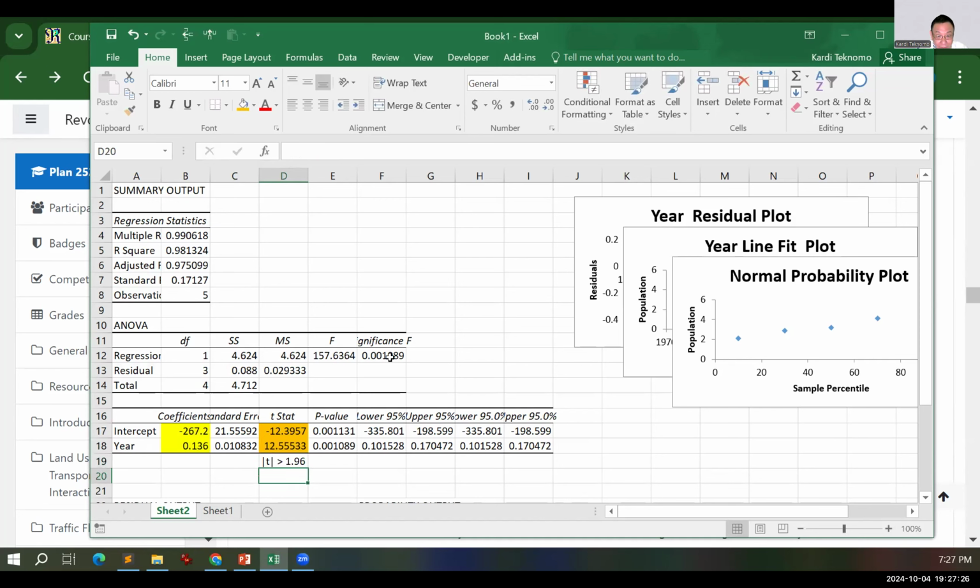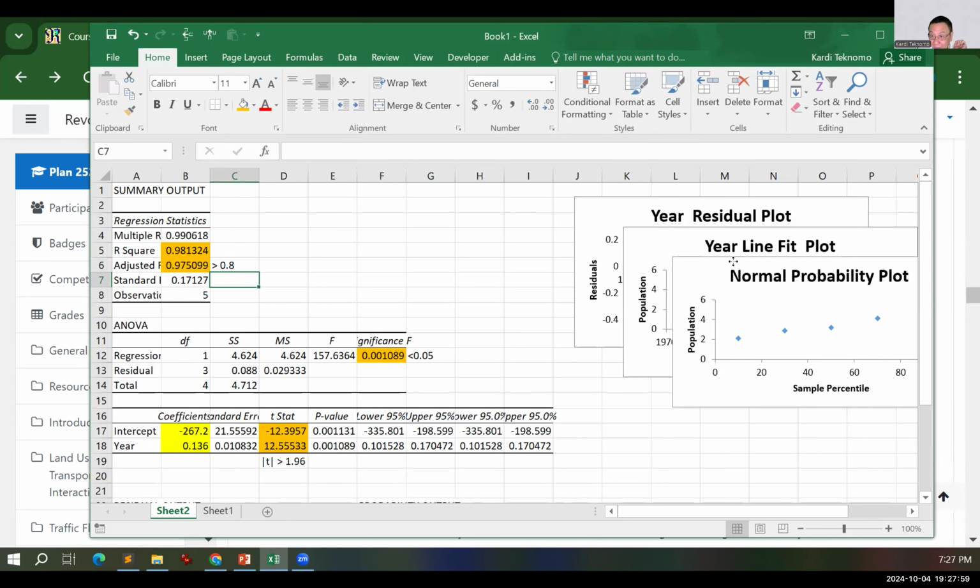Then the significance F must be less than 5%, that is, less than 0.05. Then the R square, or adjusted R square, must be larger than 0.8. So they all pass, which is good.